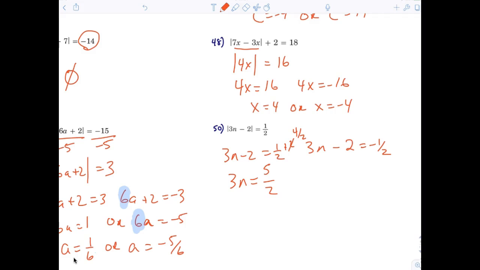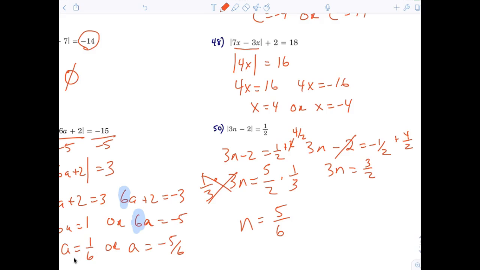Now, because I'm doing a fraction, if you divide by 3, you get a complex fraction. So what I always show kids is that instead of dividing by 3 this time, just multiply by 1/3. That still cancels, but it's just easier to see. The fraction is what? 5 over 6. Now, again, if I add 2, I have 3n equals 3 halves, because again, I will be adding 4 halves.